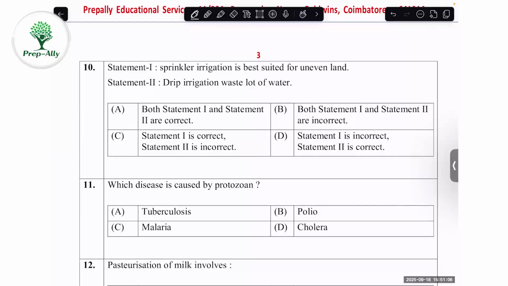Statement 2, drip irrigation wastes a lot of water, definitely no. Drip irrigation is the process where water comes drop by drop, so there is no chance of water loss or wastage. So statement 2 is wrong but statement 1 is correct. So the correct option will be C.